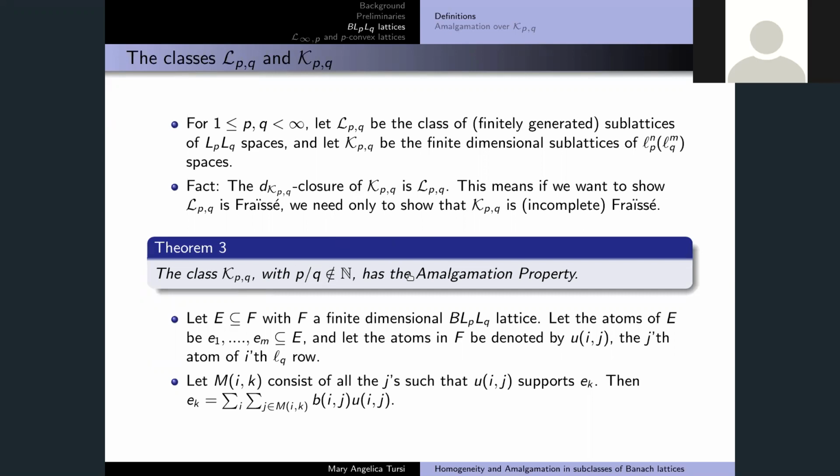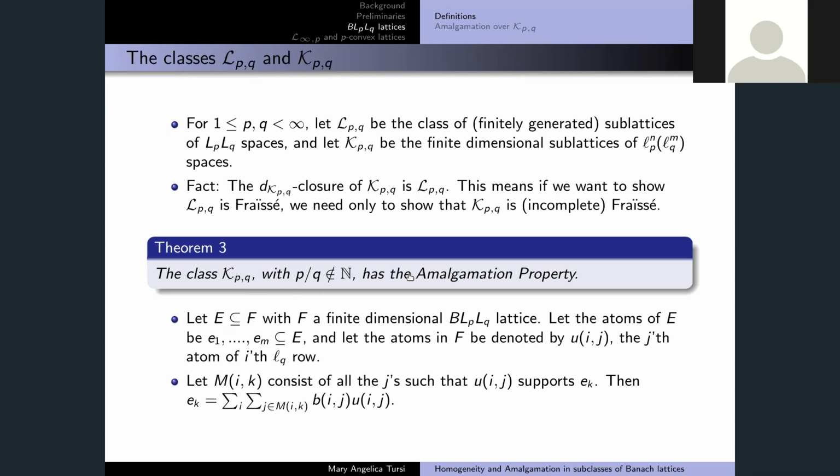And then Cauchy continuity follows from the axiomatizability of Banach lattices in general. The operations have these moduli of continuity that are present regardless of the choice of Banach lattice. So really the only thing we have to do is prove amalgamation for K_{pq}.